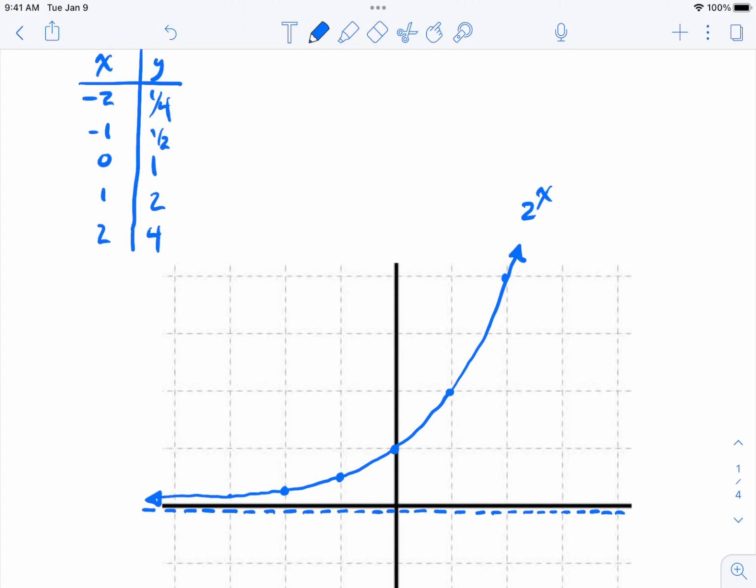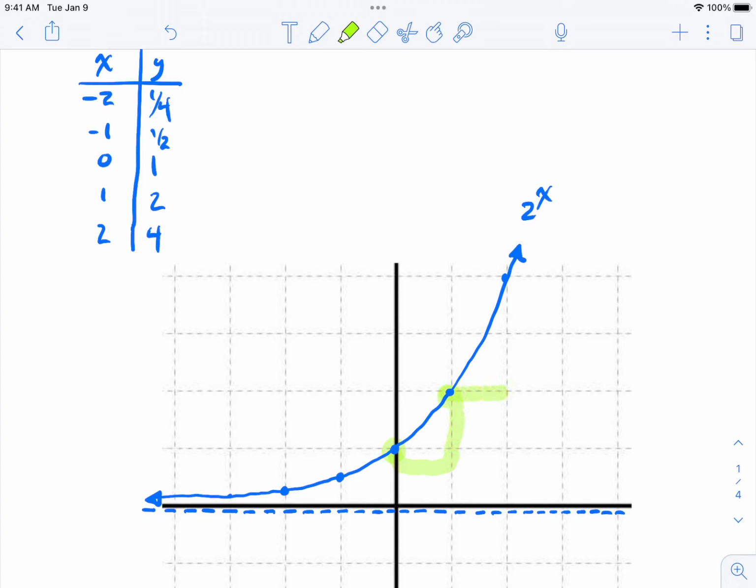Kind of cool, right? By the way, this is kind of related to what we were doing yesterday. Remember when we were doing geometric sequences? And we said, you'll have some kind of a common ratio, like maybe r equals 2. You would keep doubling every step of the way. Well, look what's happening here. Here I'm at 1. If I take 1 step to the right, I double to 2.